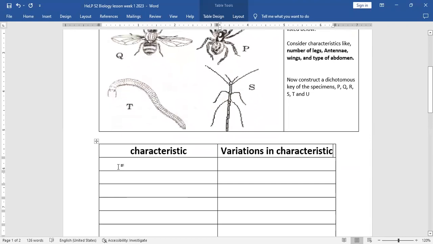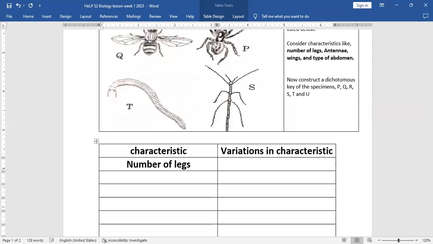And the characteristics, we expect to write number of legs. So the first characteristic is going to be number of legs. Can you look at what you've written? How do the number of legs vary in the answers you've put down?